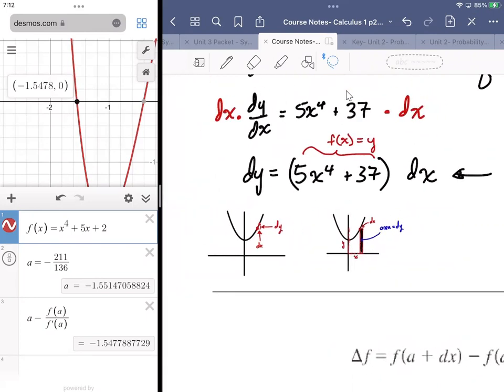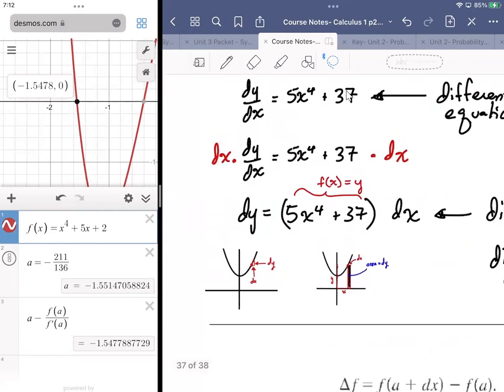Because dy over dx told us one story, but dy being equal to the product of the function, or the derivative function, sorry. I apologize, I meant to put an f prime here and a y prime.